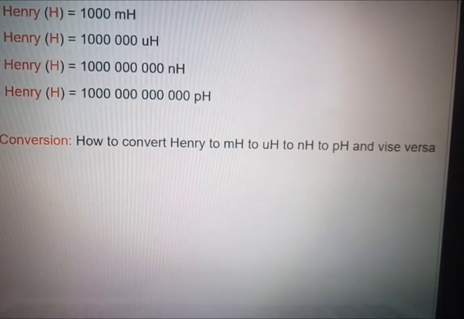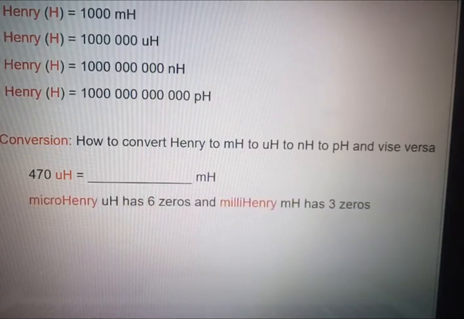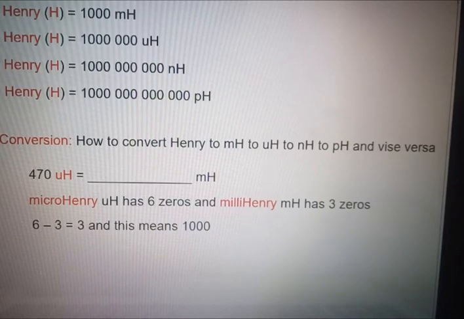And another example, we have 470 microhenry convert to millihenry. So microhenry has 6 zeros and millihenry has 3 zeros. So subtract 6 minus 3 is equal to 3. So that means 1000.